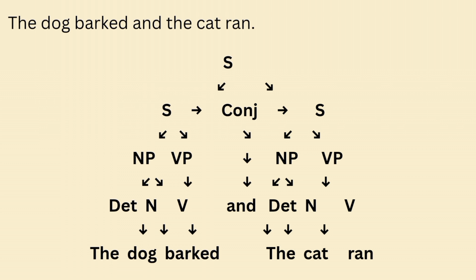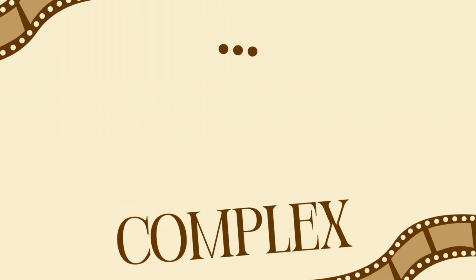The coordinating conjunction "and" sits in between them to show the link. So visually, the tree looks like two sentences joined together with "and." This shows us that compound sentences are basically two simple sentences joined with a connector.